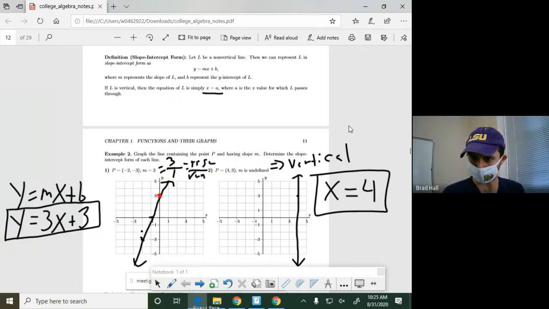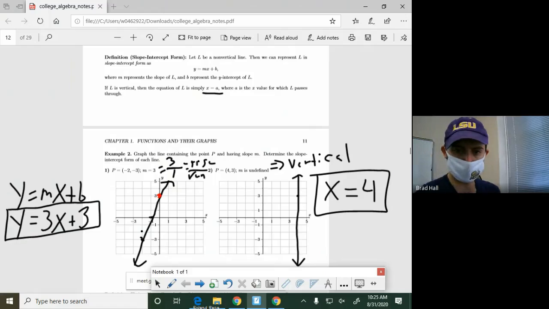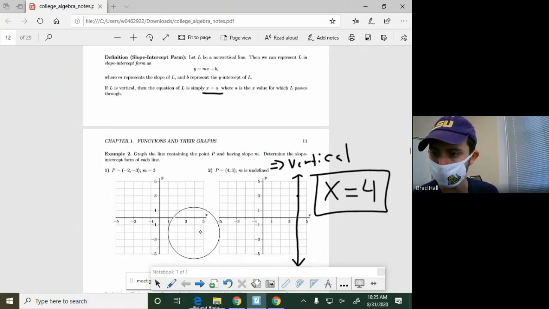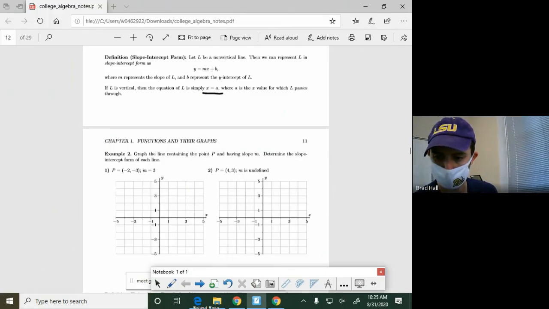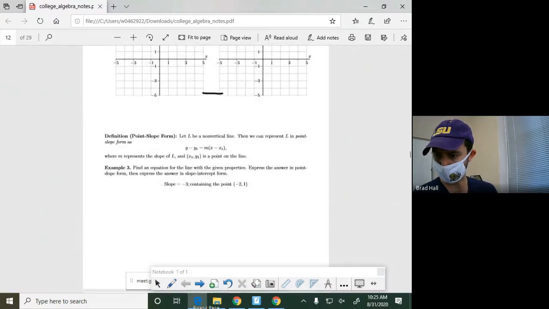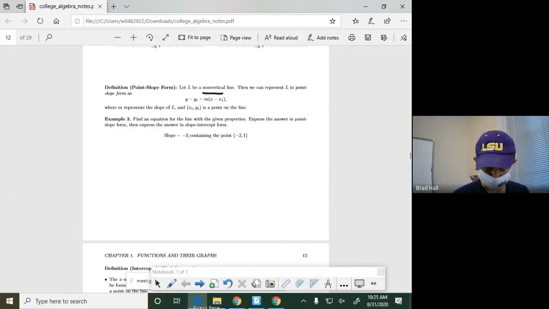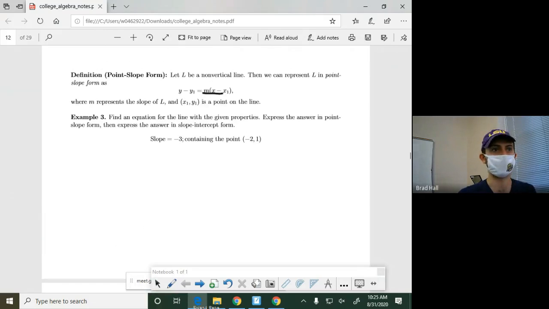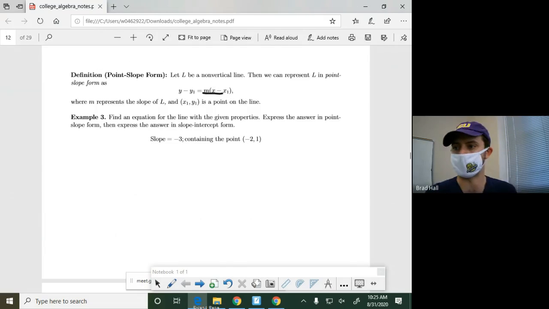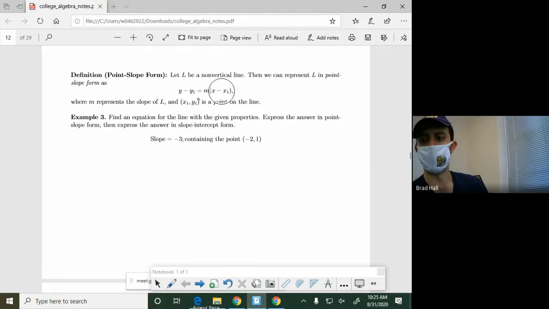So let's go ahead and move on to whatever we're moving on to. Probably x and y intercepts. Maybe point slope. Oh, yep, point slope. Okay, so we're going to move on to point slope, which is another form for a line. In essence, it's normally not a simplified form.